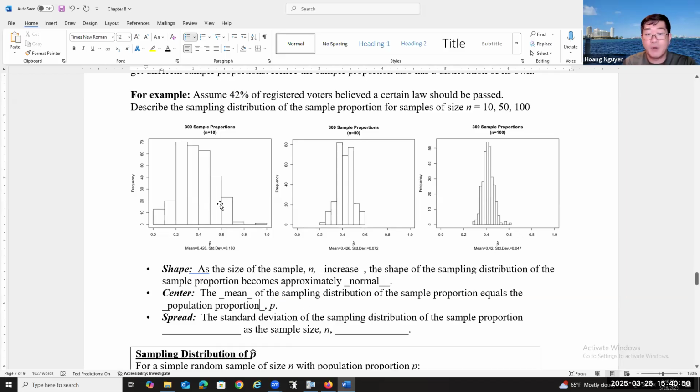When we take a look at the three histograms over here, we can see that the mean of the sample proportion gets closer and closer to 0.42, which is the population proportion p.